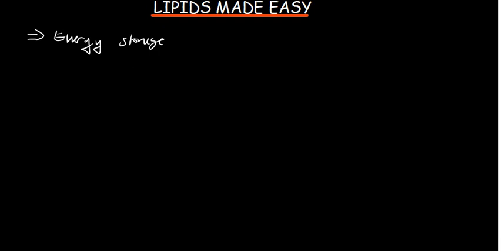Please know that. And when you look at a lipid, lipids have got a lot of carbon to hydrogen bonds, a lot of them. Because of this, when you're comparing a carbohydrate and a lipid, the ratio of carbon to oxygen in lipids is much bigger as compared to the ratio of carbon to oxygen in carbohydrates.